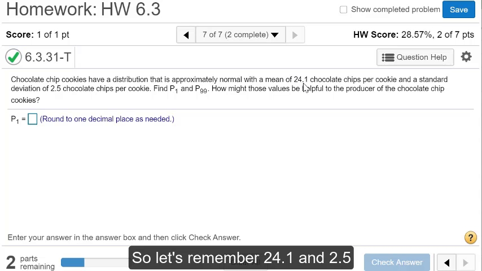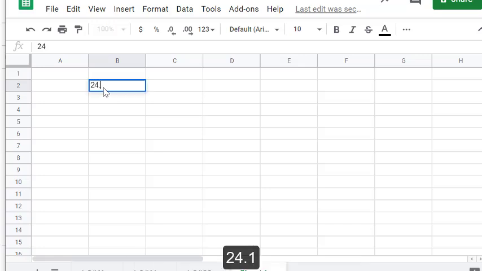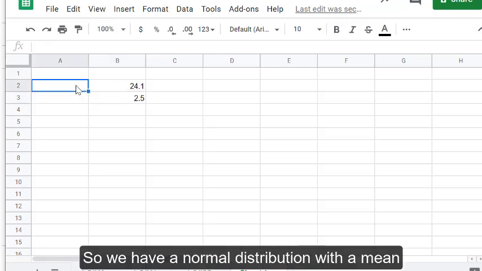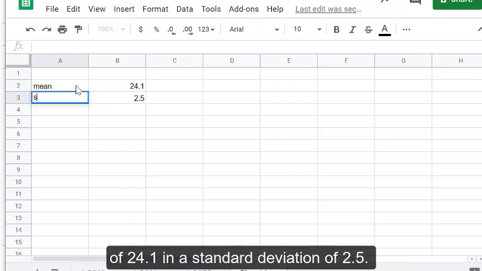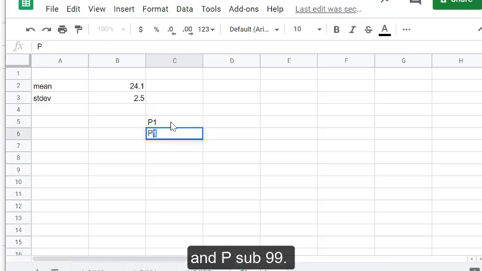So let's remember 24.1 and 2.5. So we have a normal distribution with a mean of 24.1 and a standard deviation of 2.5. And then they want us to find the P sub 1 and P sub 99.